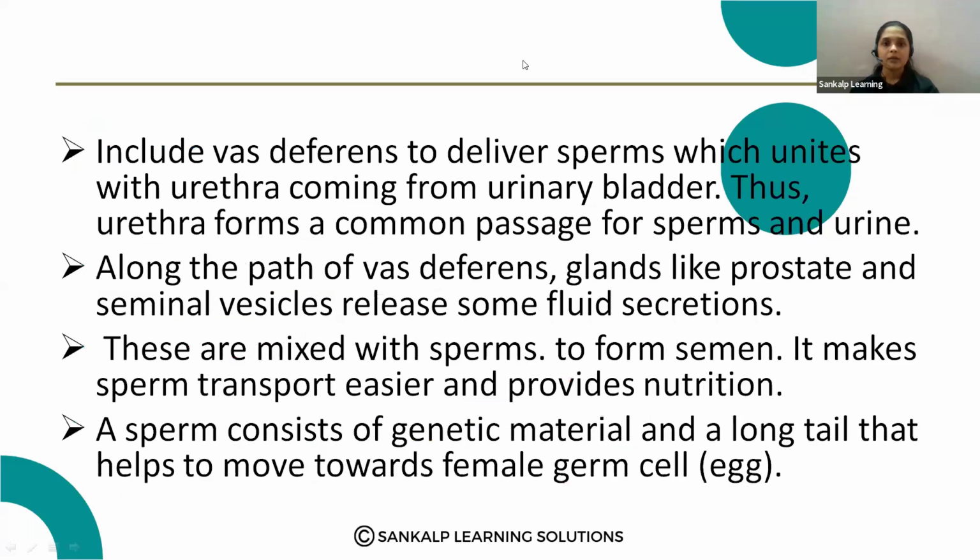And the male reproductive system also includes the vas deferens to deliver the sperm to the urethra coming from the urinary bladder. Thus, the urethra forms a common passage for sperms and urine.